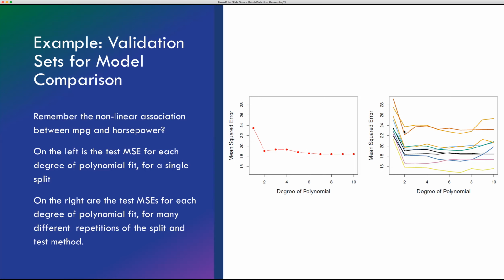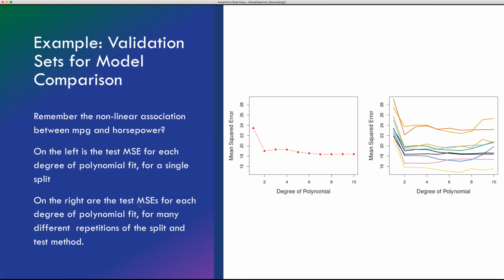As I said, we randomly sample data from your data set to split the training and the validation. So you do the sampling many, many times, and you plot the corresponding mean squared error for different degrees of polynomials to make the comparison.